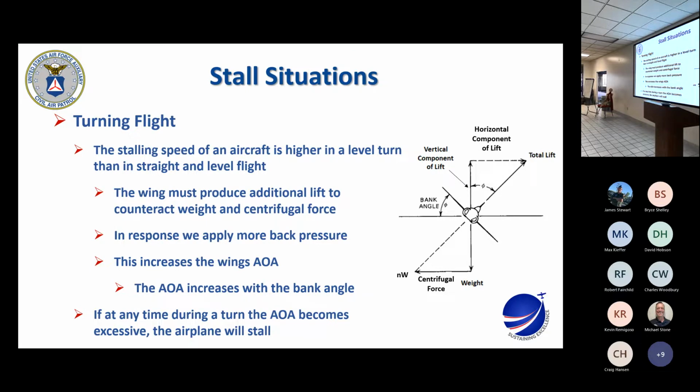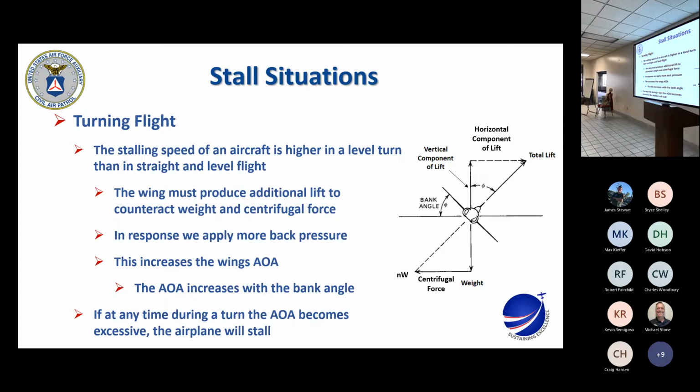Like Craig said in his briefing, when you begin a turn, you've got to pull back on the stick. When you pull back on the stick, you're doing that because you're in need of more lift. You've got a vertical component of lift that counters the weight, and then you've got a horizontal component of lift that gets you into a turn.